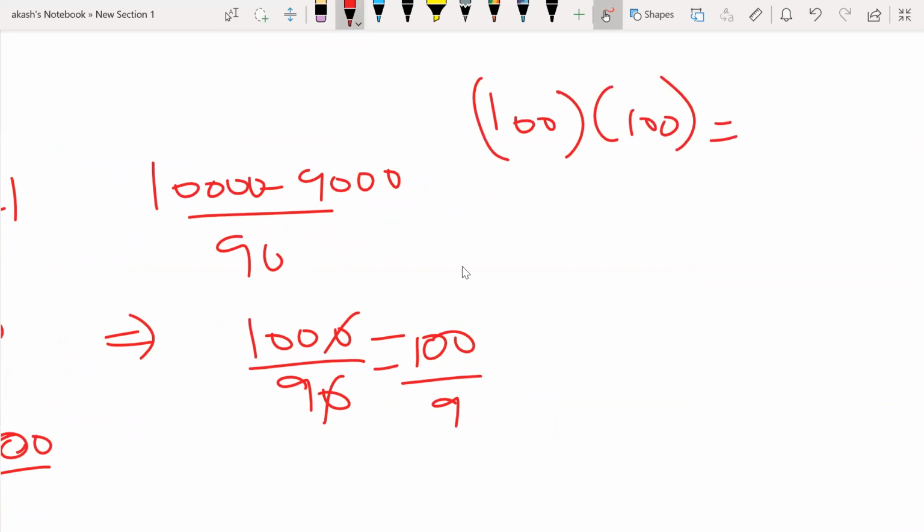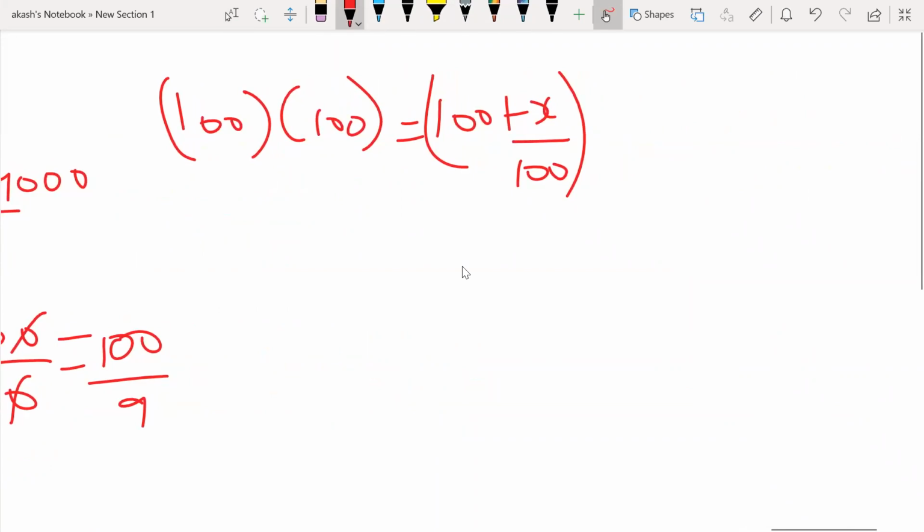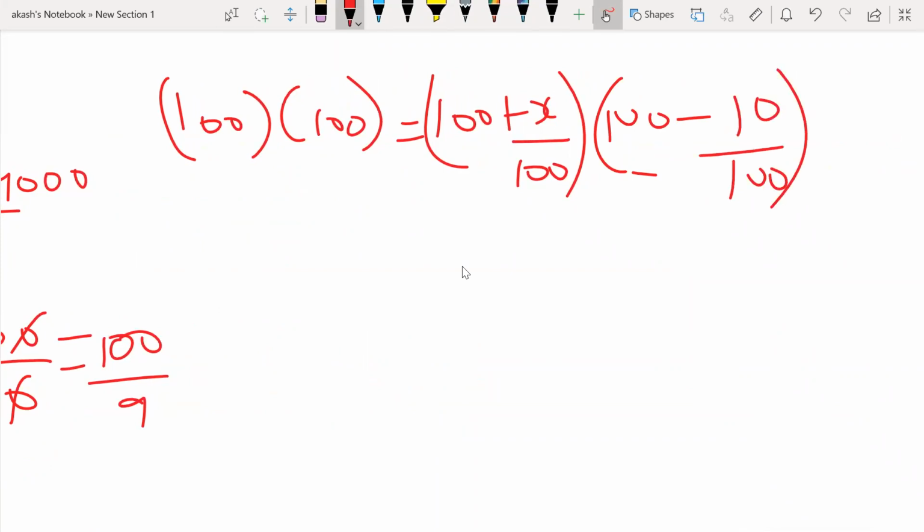So if it is X percentage, you would have had 100 plus X by 100, into 100 minus 10 by 100. So anyways, you'll almost end up with the same calculation. But anyways, you can just calculate X directly, and then you can do the reverse one. Find exactly the percentage. So that way also it will work.